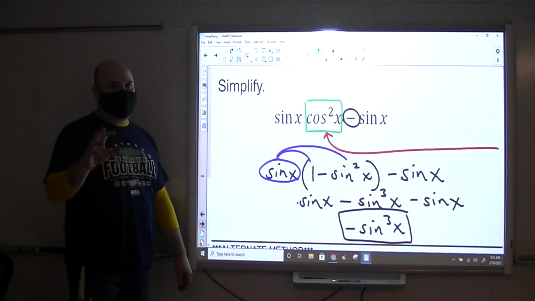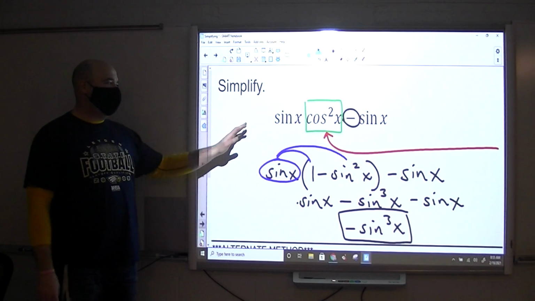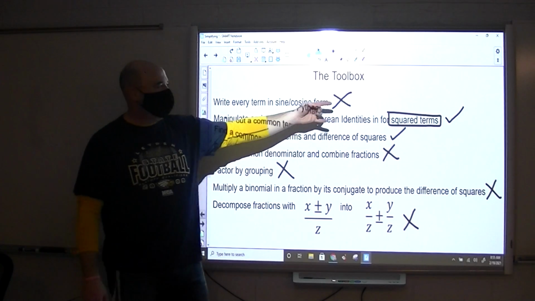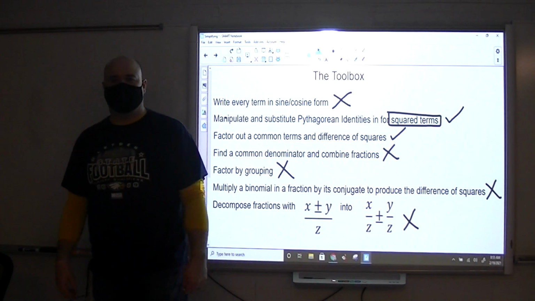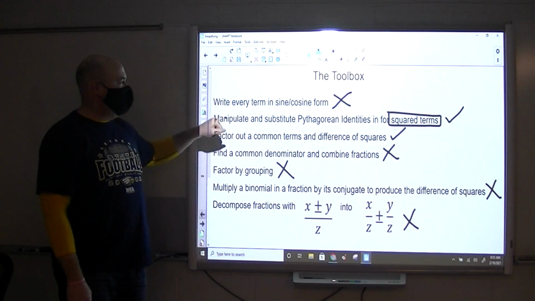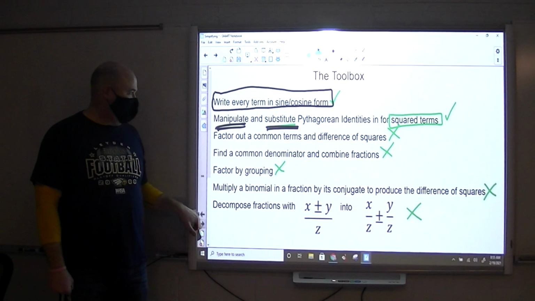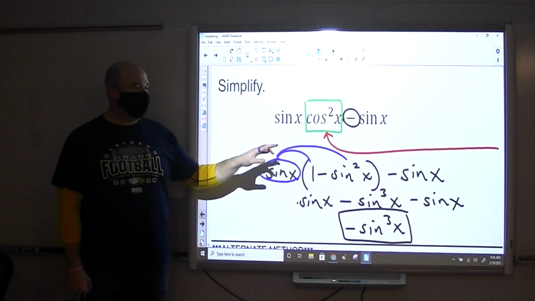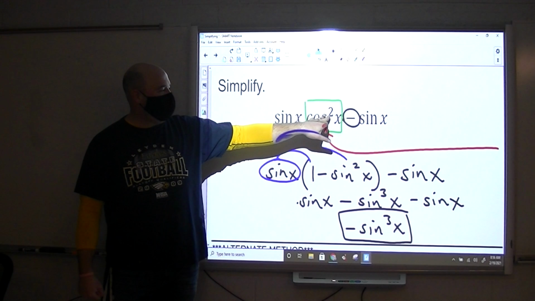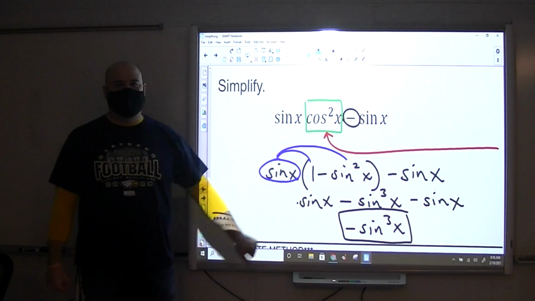Okay, what I was just explaining to these people is we did this problem yesterday, and when we first looked at this problem, we looked at the toolbox, we noticed that there were two methods that would work right off the bat. One of them was to manipulate and substitute Pythagorean identities in for squared terms. And that is actually what we did. We took cosine squared out, and in its place we put 1 minus sine squared x.